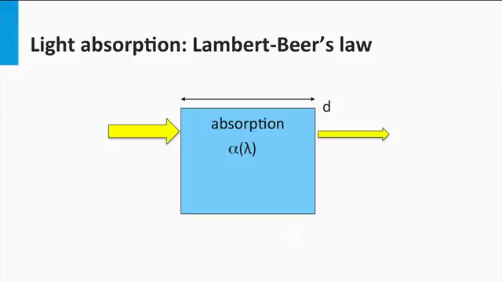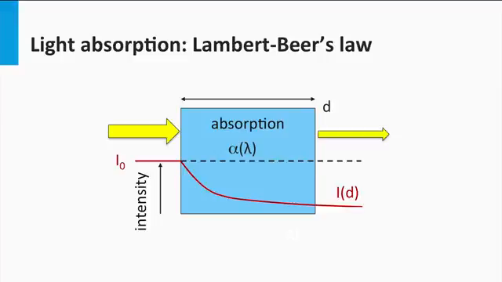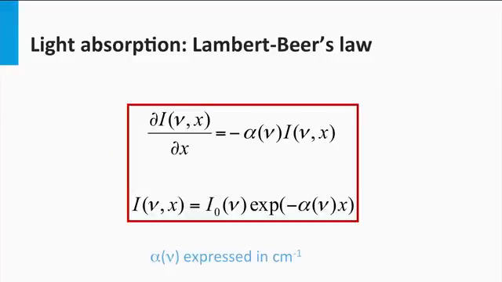is 1 over centimeter. The light intensity drops exponentially with distance in the absorber layer. This behavior can be described by the Lambert-Beer law. This law states that there is a logarithmic dependence between the intensity of the transmitted light through the layer and the product of the absorption coefficient and the path length.